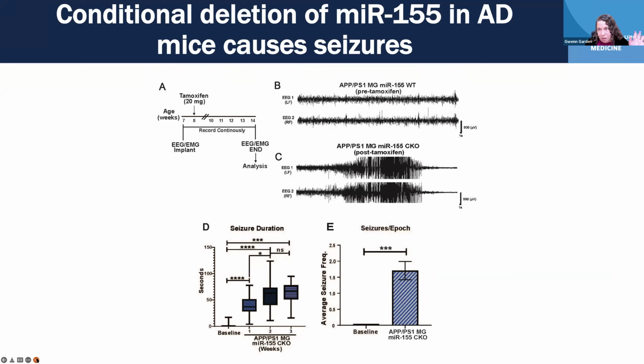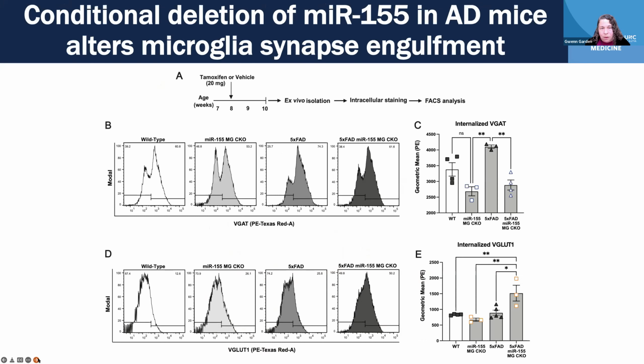So even though what we're trying to do is push the cells to a more anti-inflammatory state and promote their ability to internalize A beta, what we saw was that at the same time as they were internalizing more A beta, they also were changing the degree to which they were internalizing synaptic material.